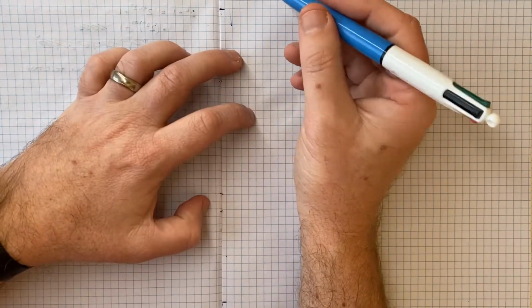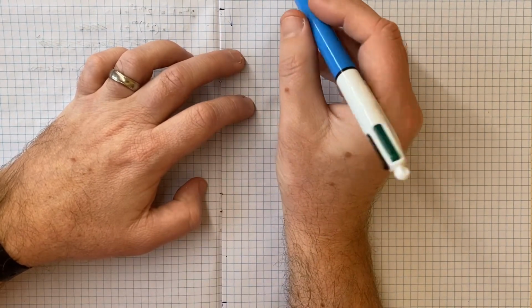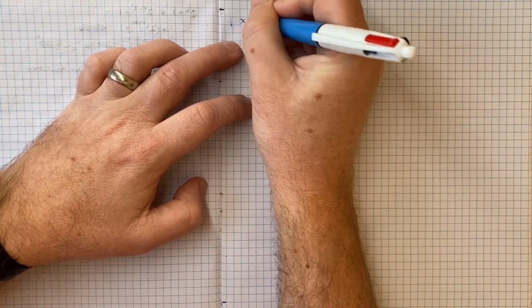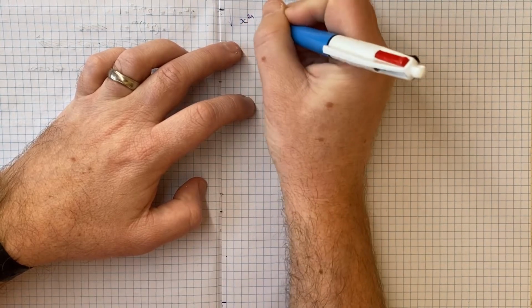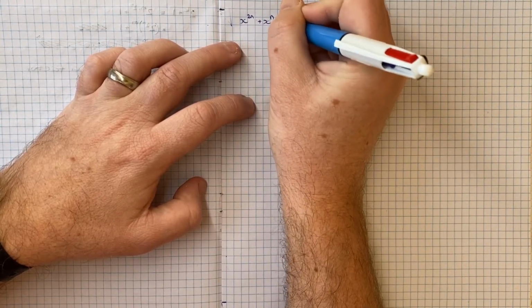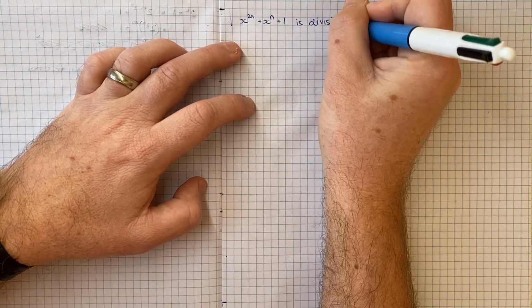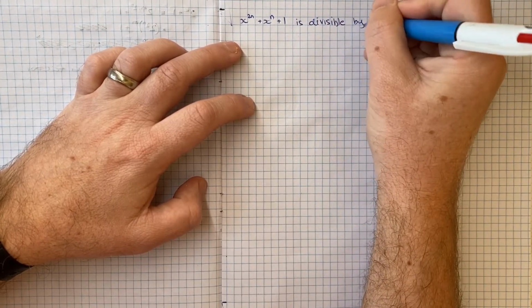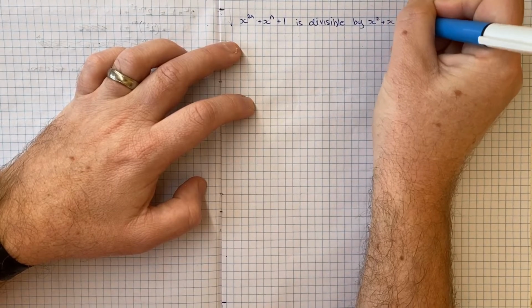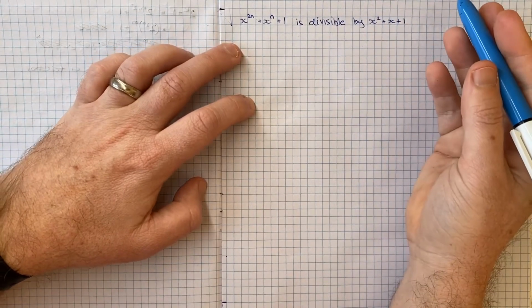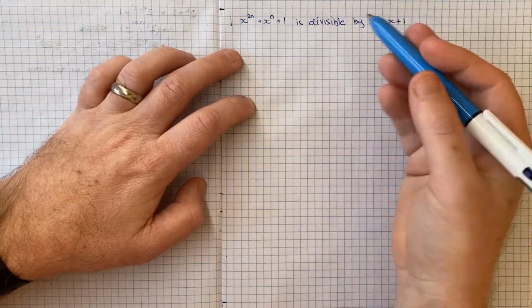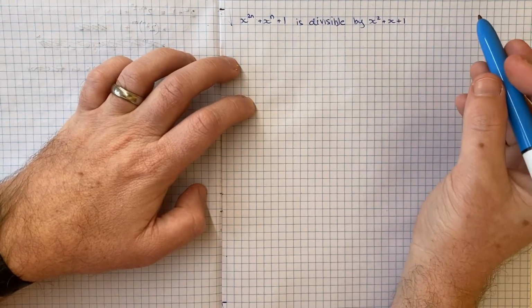As we read in the question, what we're being asked to show is that x to the power of 2n plus x to the n plus 1 is divisible by x squared plus x plus 1 when n is not a multiple of 3.